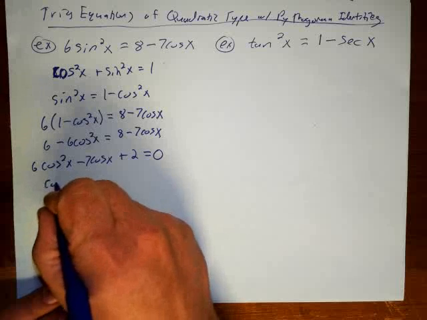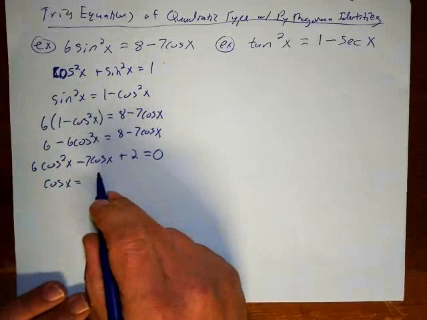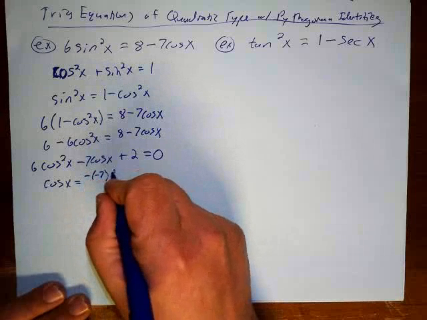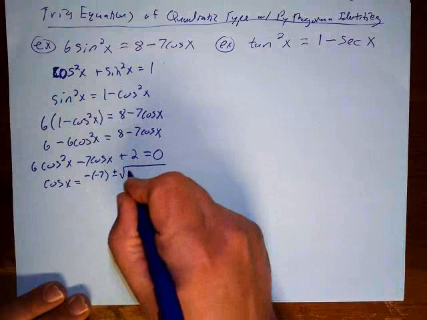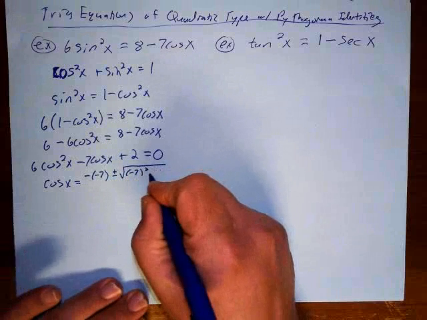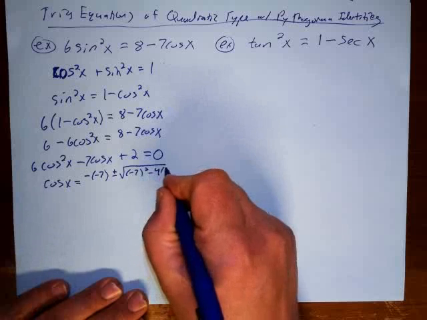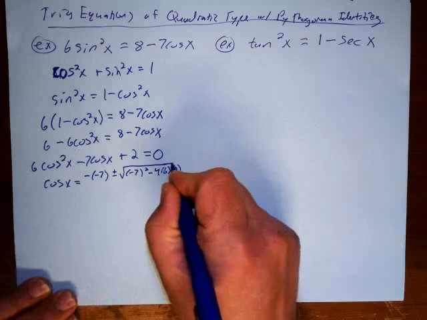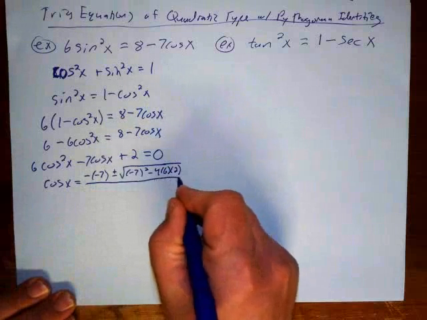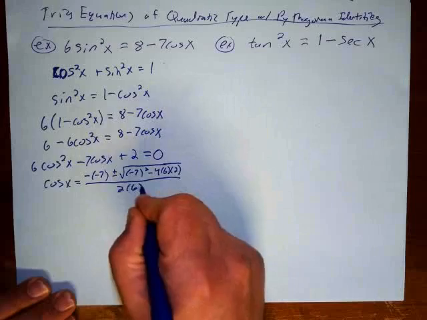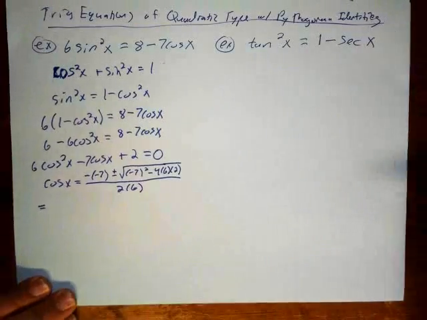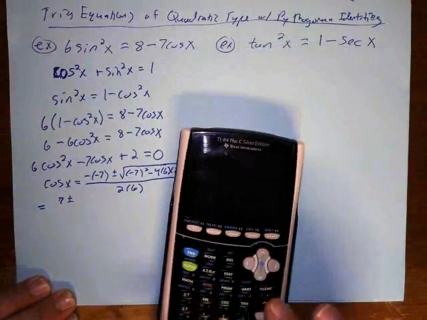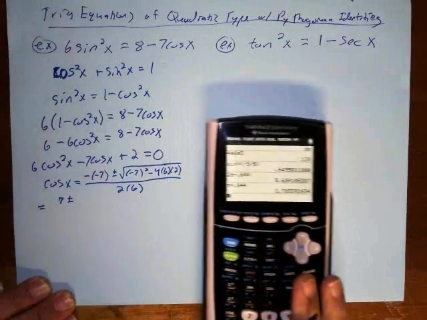So I would get that the cosine of x is equal to the opposite of b, so the opposite of negative 7, plus or minus the square root of negative 7 squared minus 4ac, all over 2a. Okay, this would be 7 plus or minus, and I'm going to use my calculator to calculate what's on the inside.